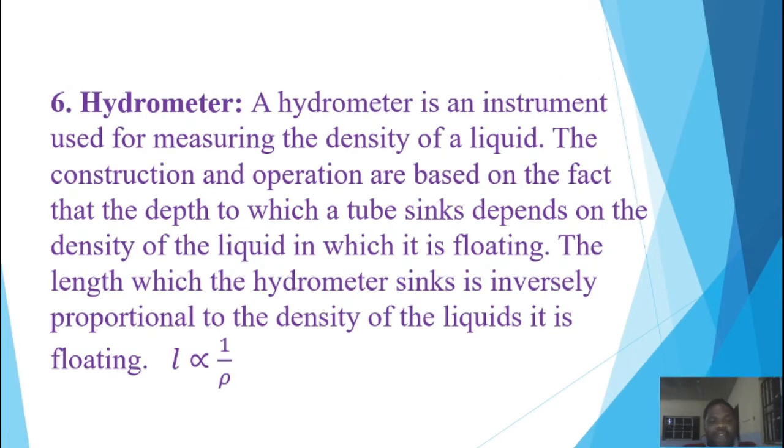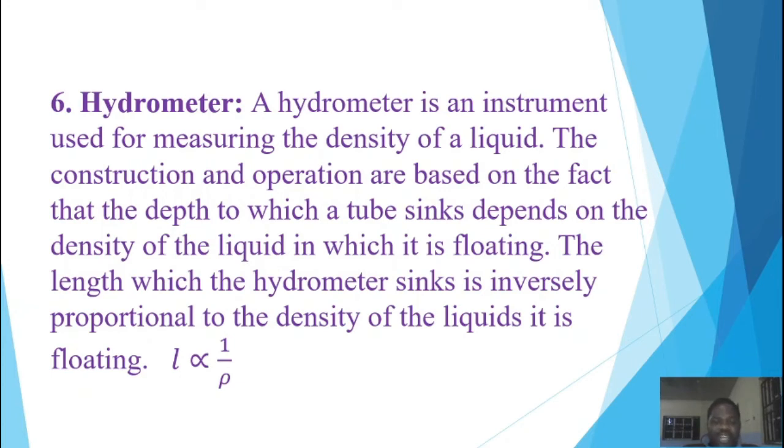Then number 6, we look at the hydrometer. Hydrometer is another application of flotation. We say a hydrometer is an instrument used for measuring the density of a liquid. The construction and operation are based on the fact that the depth to which a tube sinks depends on the density of the liquid in which it is floating.